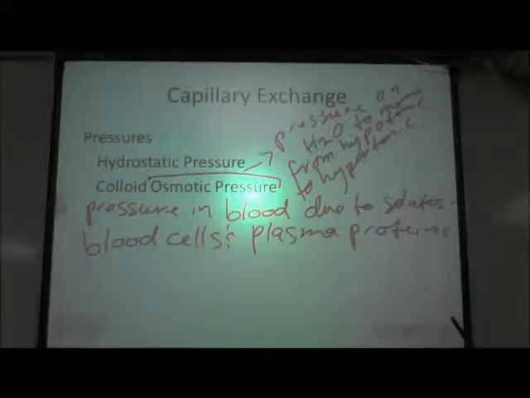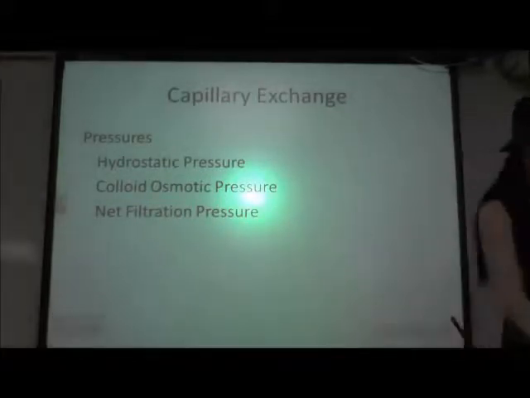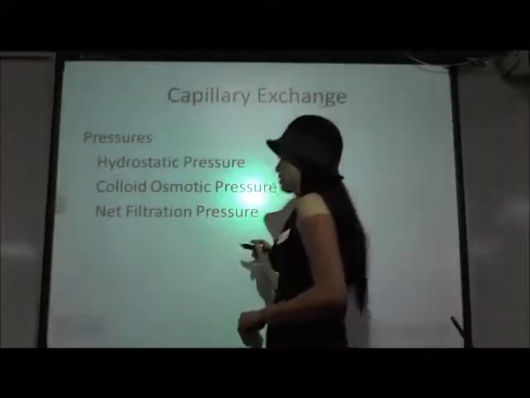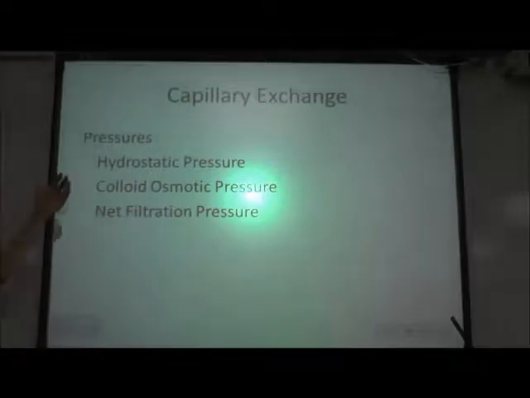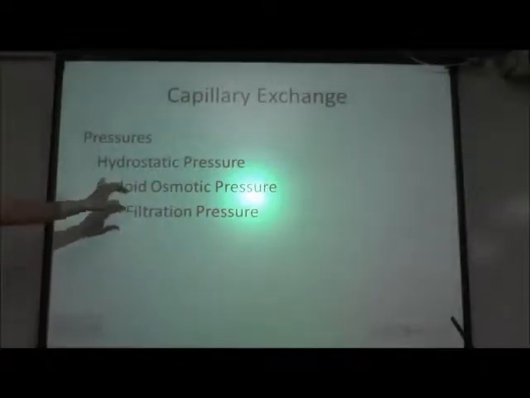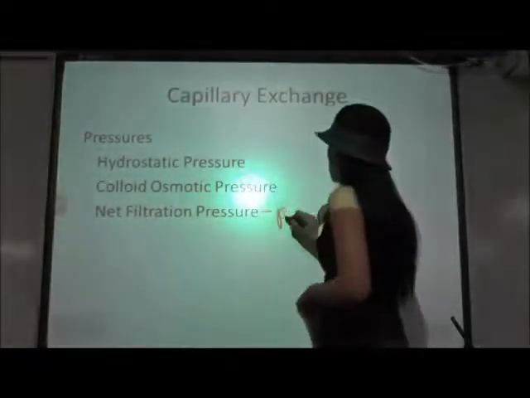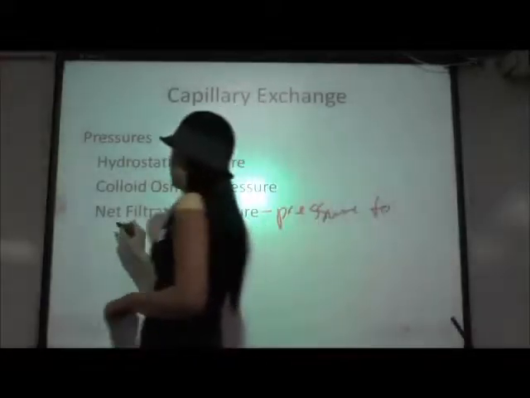Then the last pressure is the net filtration pressure, which is the difference between our hydrostatic pressure and the colloid osmotic pressure. So filtration is the movement of substances out of the blood, and so the pressure for that to happen is going to be due to the difference of this. So this is the pressure to cause filtration.